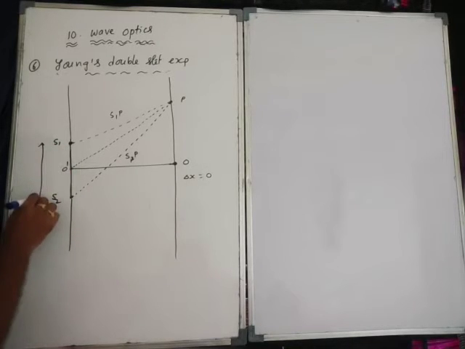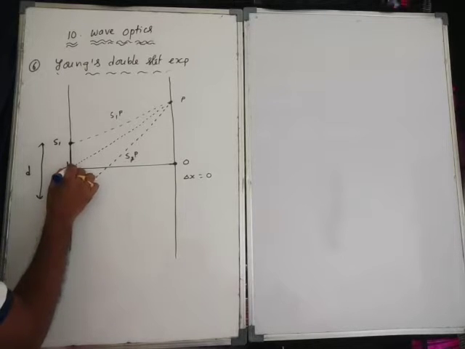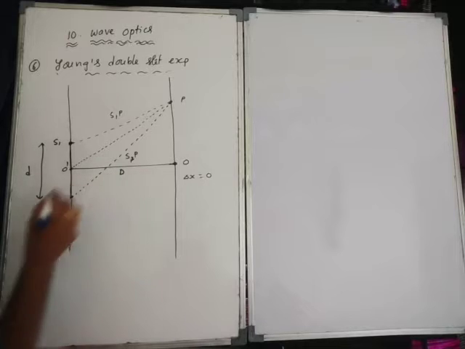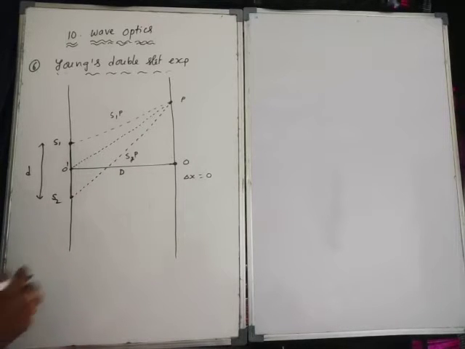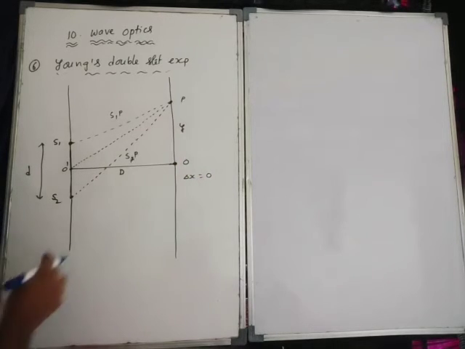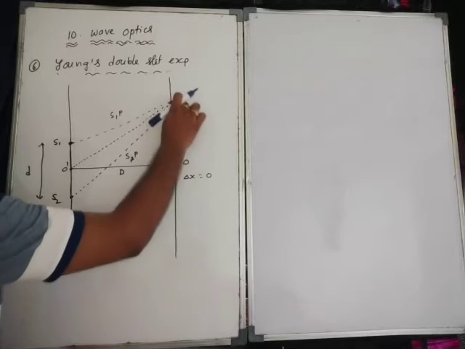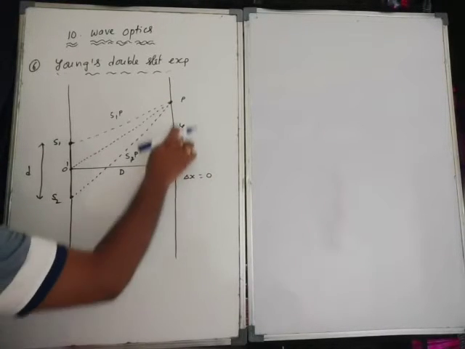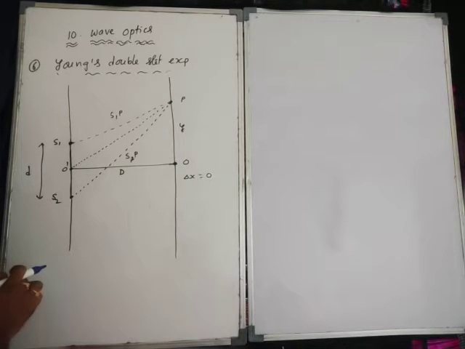From here to here the distance is D, so O dash to O, from slit to screen, the distance is D. Now from here to here I will consider Y. Y is the distance between O and P, the distance of the fringe from the central bright.